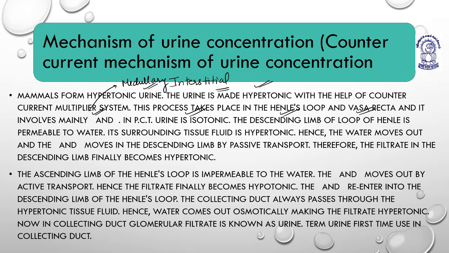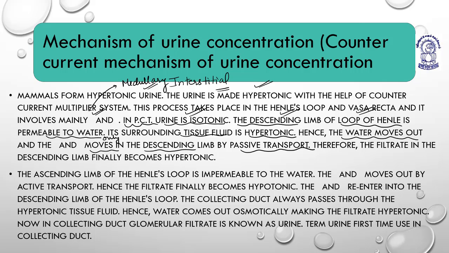In PCT, urine is isotonic. The descending limb of the loop of Henle is permeable to water only. Its surrounding tissue fluid is hypertonic, hence the water moves out by passive transport as it moves in the descending limb.